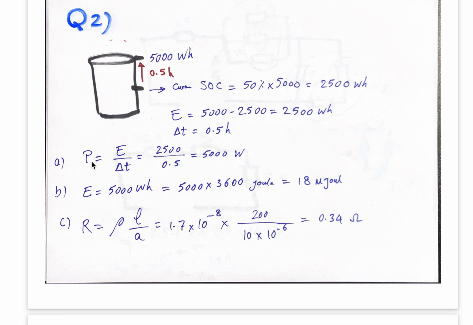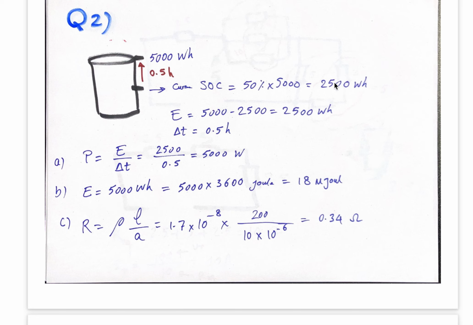Okay, power by definition equals energy divided by time or duration. The energy we need from now until we make this battery full is 50% of the full capacity, because now it is at 50%, which is half, and that is 2,500, because this is half of 5,000.